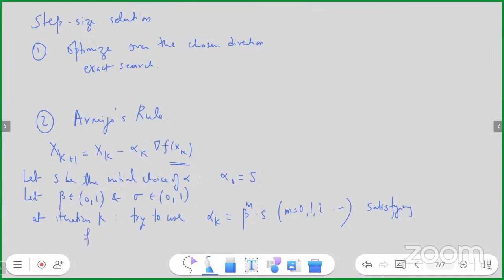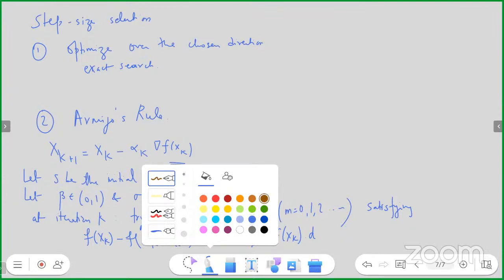So what is the decrease we get? f of x_k minus f of x_k plus alpha_k d, where d is the direction, or you can choose whatever you want, to be greater than or equal to minus sigma, the constant we started with, times alpha_k, which is what we are going to use, times the gradient times the current direction d.